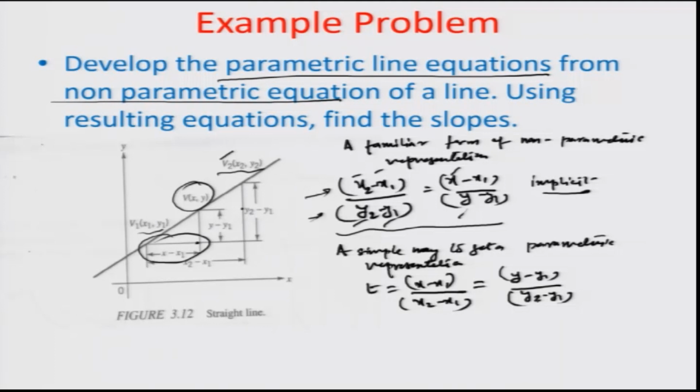So, this fraction would remain the same, and this is not the slope though, this is a sort of a fraction of the length where the x and y are positioned with respect to (x1, y1) and (x2, y2).